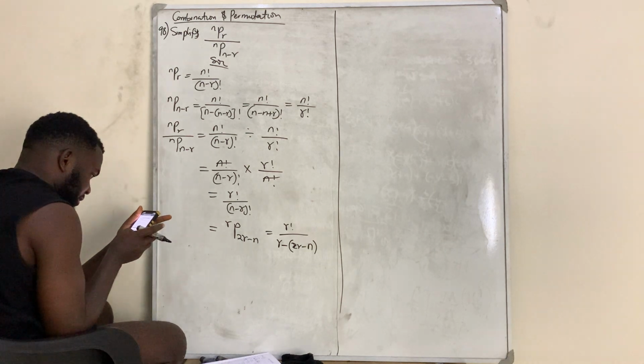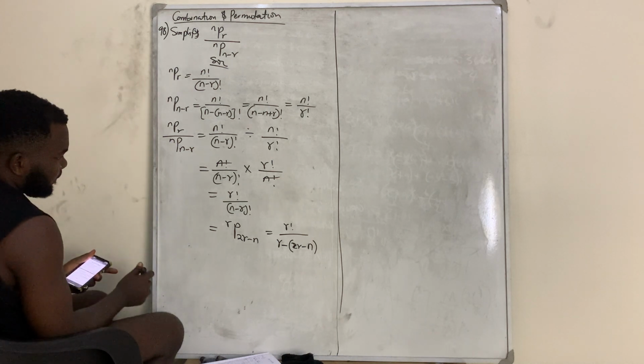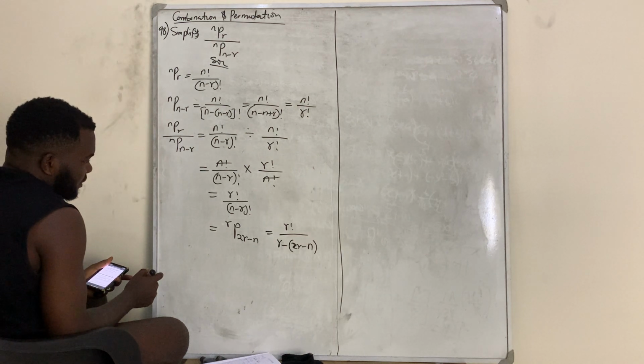No, it's not going to give us that. So let's check what should be the answer. I think it's r all over n minus r.